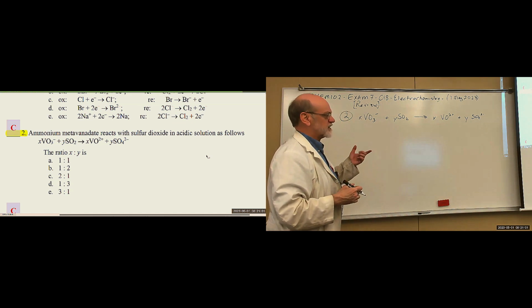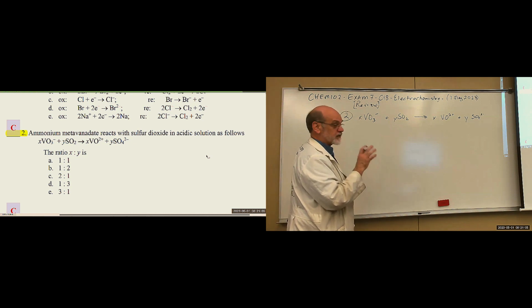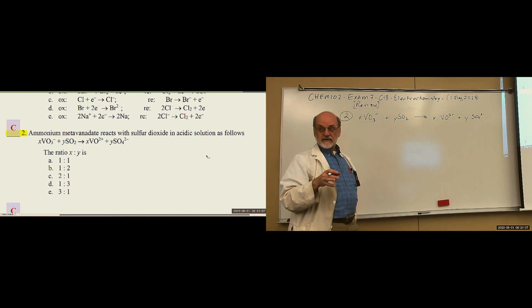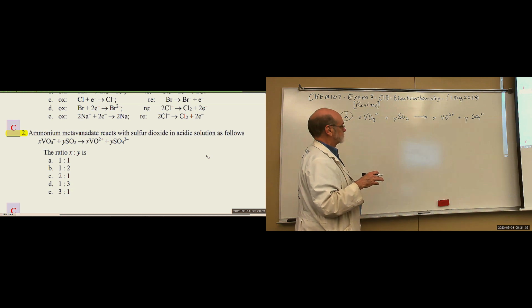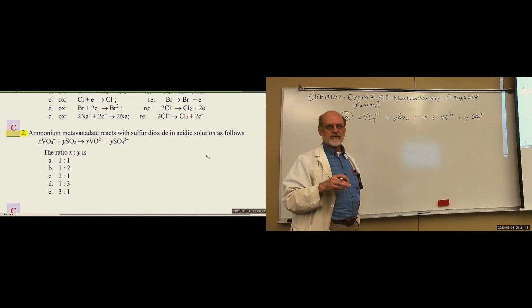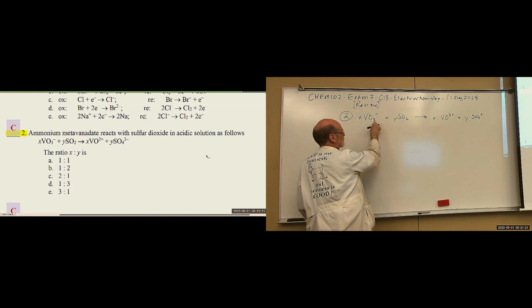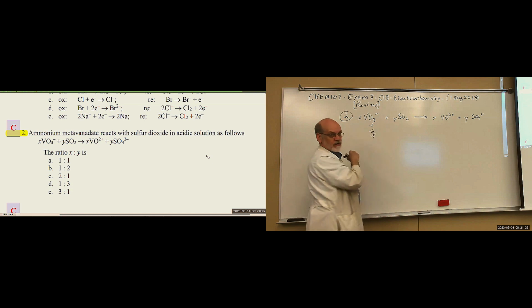So that's what we should expect based on the problem. But we need to balance it in acidic solution. Okay, so we got to do oxidation states. Where do we start? Well, oxygen's always -2, almost always, except for peroxides, right? So if oxygen's -2 and we have a -6 total oxidation state here, we got to hold one of those out for the charge.